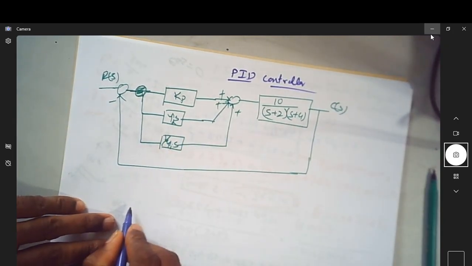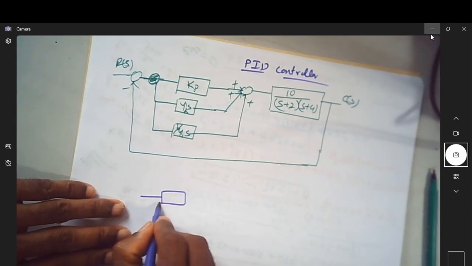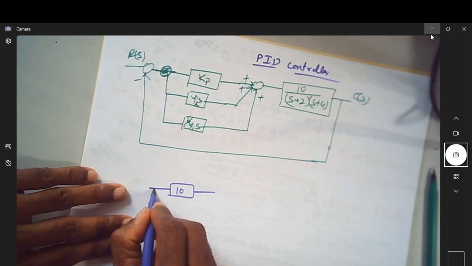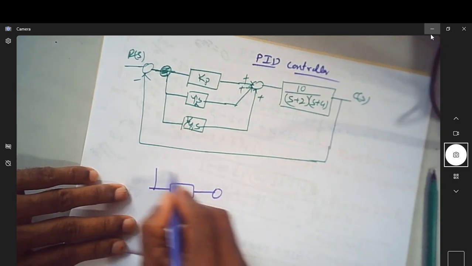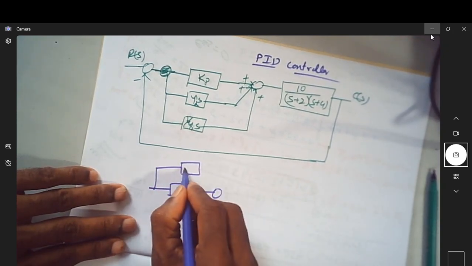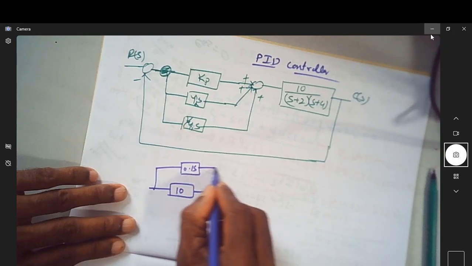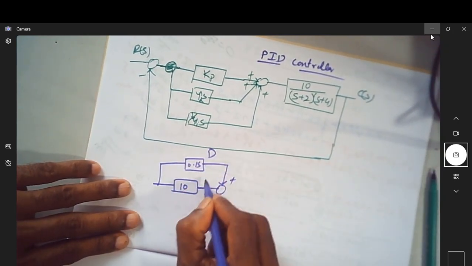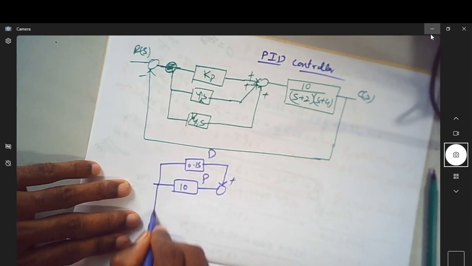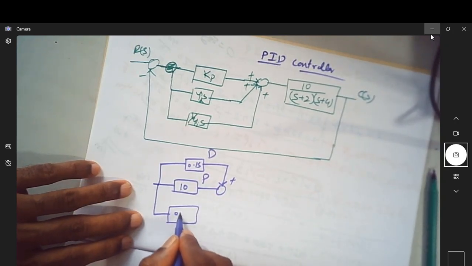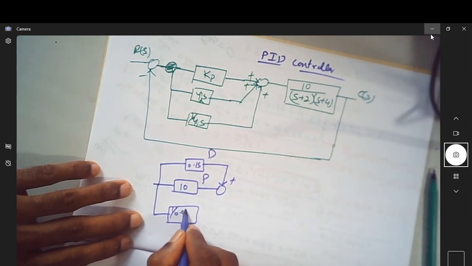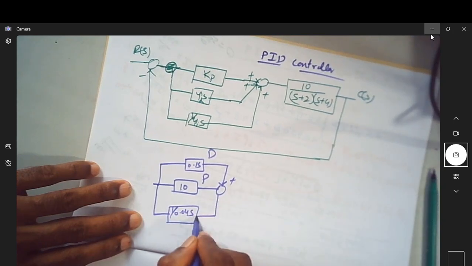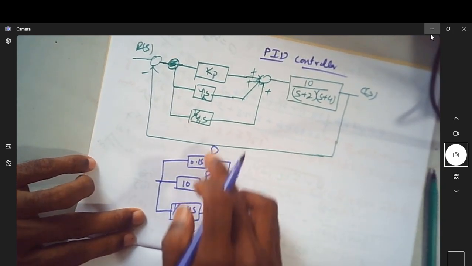So now let me just take it something like this. You have it as 10. So you can just think of having one more, maybe 0.1 s. So let us have this as plus. This is your derivative controller, this is d, this is actually p, and you have it as 1 over 0.04 s. So this is actually integral, it is a PID controller.